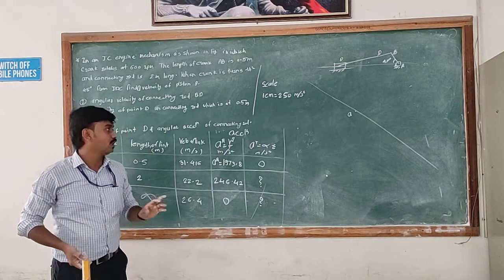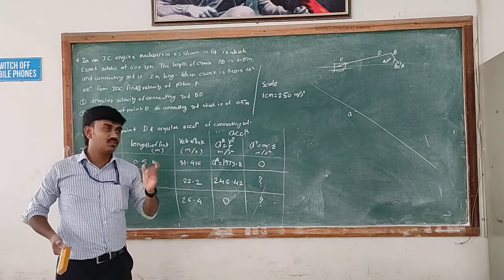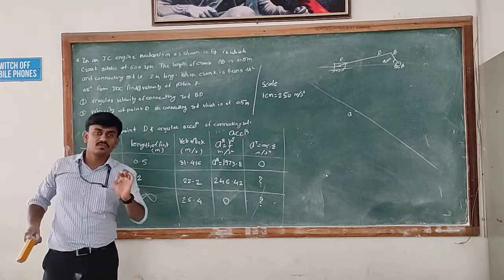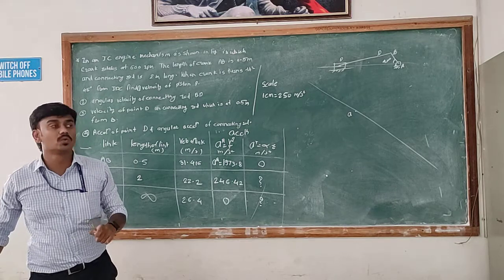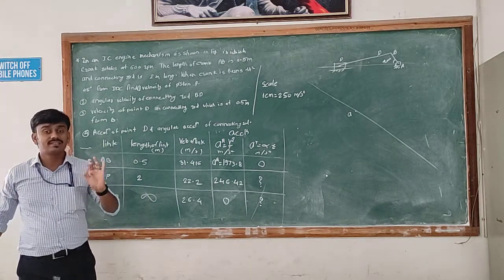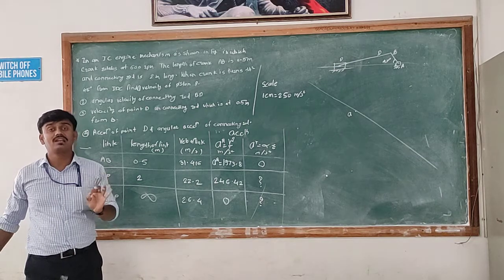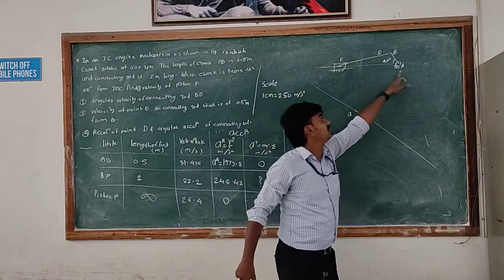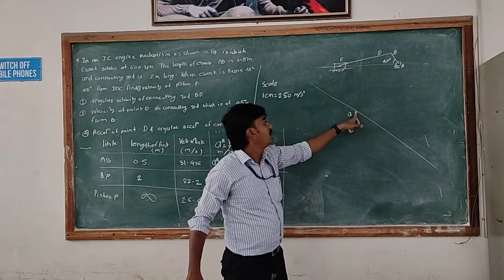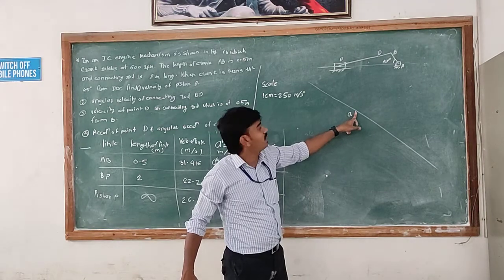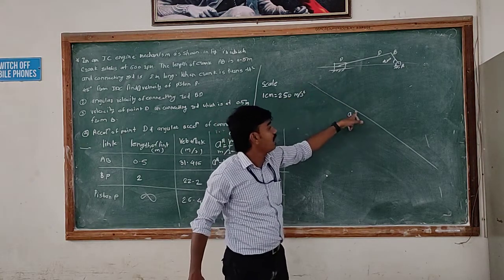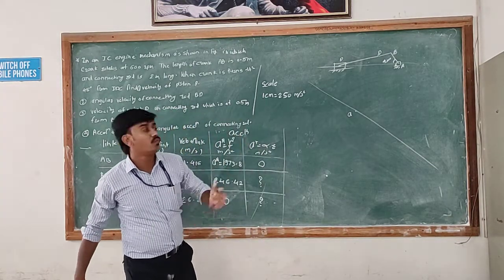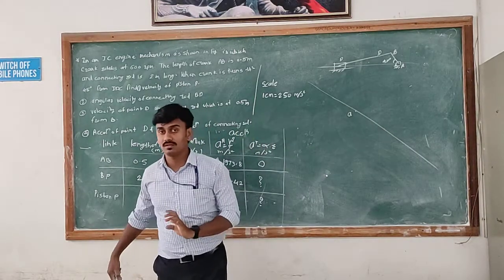Now, we discussed two forces, centripetal force and centrifugal force. Both forces are the same in magnitude but opposite in direction. If we consider this link AB, the centrifugal force will act along this direction and the centripetal force along this direction. So our point B will lie below the point A. Why?